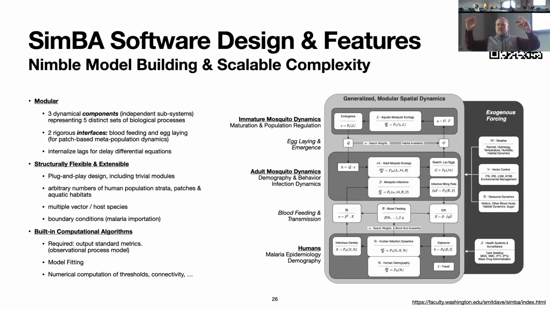Then there are adult mosquitoes, which have ecology and infection dynamics, and those are connected to the aquatic ecology through an egg laying algorithm. So eggs go in, adults come out. And then there's adult human ecology, demography and infection dynamics, and those are connected through a blood feeding algorithm. And then we allow modification of all of these through this component.